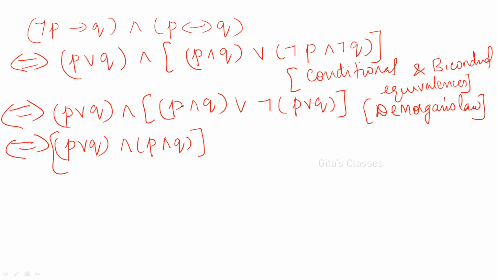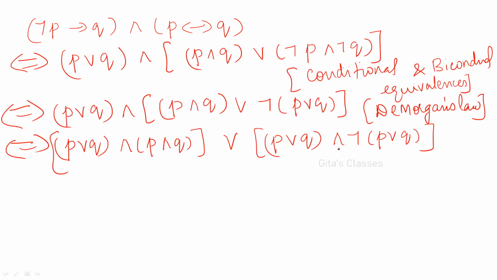Sorry, first I have applied and between these two, and now P or Q and negation of P or Q. What is there in the middle, you have to write here. That is the distributive law.